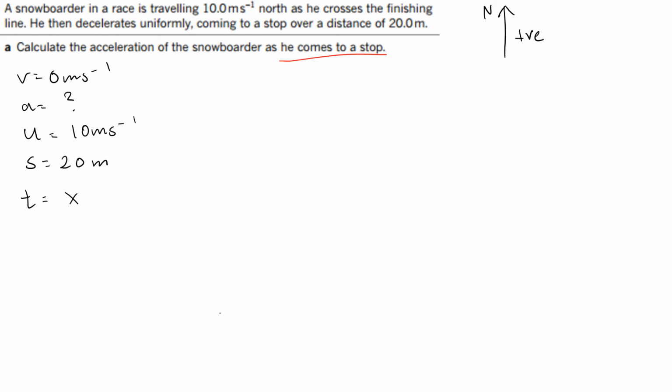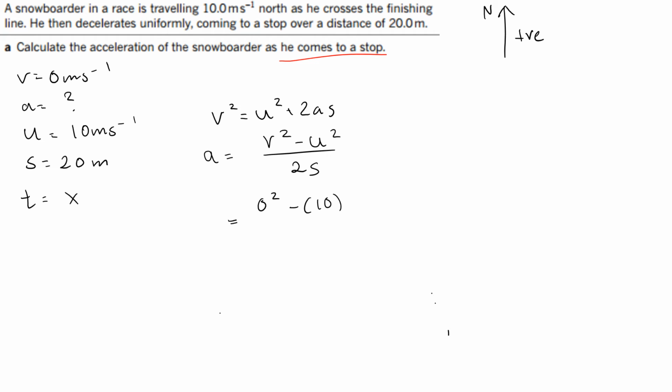An equation that doesn't use time is v squared equals u squared plus 2as. Let's rearrange, so we get a equals v squared minus u squared over 2s. We've got v, 0 squared, and we've got u, 10 squared.